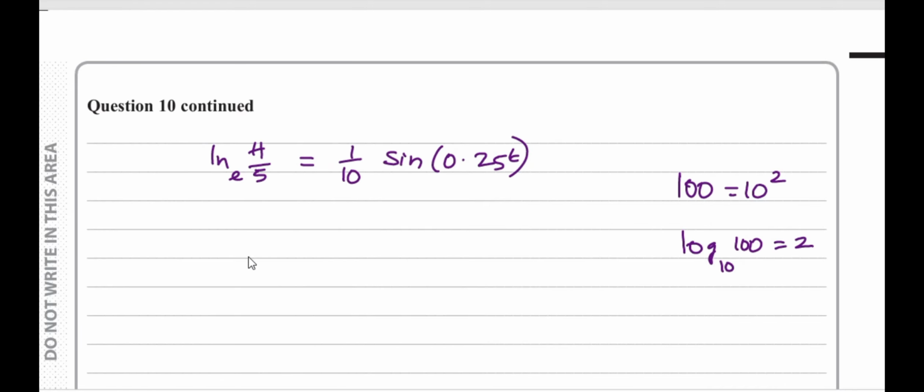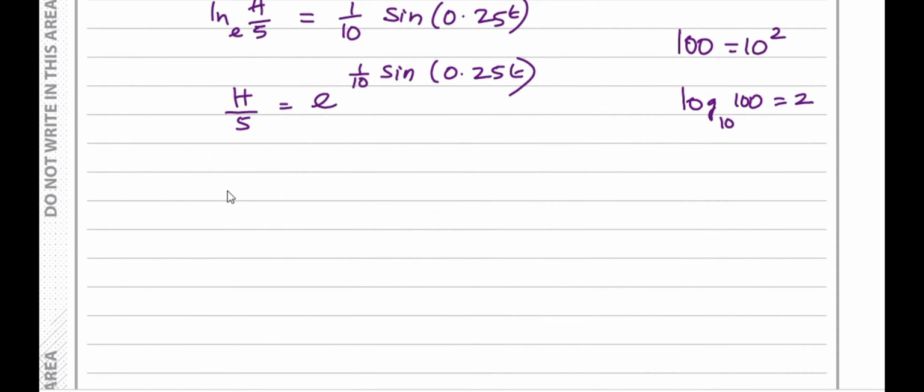So we can write, kicking off the ln, h over 5 is equal to e to the power of 1/10 sine 0.25t. Therefore h is equal to, multiplying both sides by 5, 5 e to the power of 1/10 sine 0.25t.